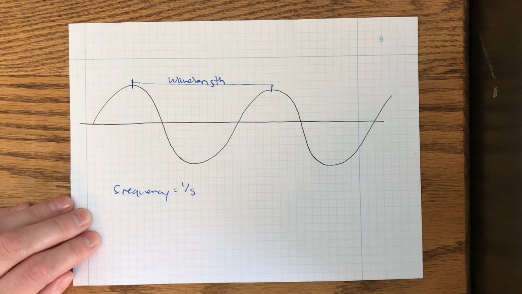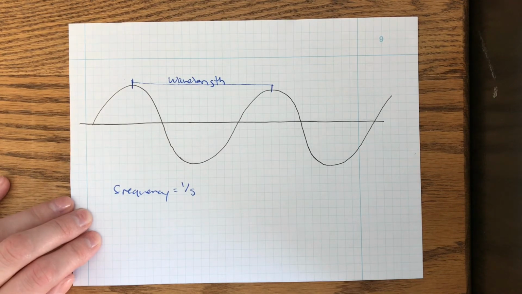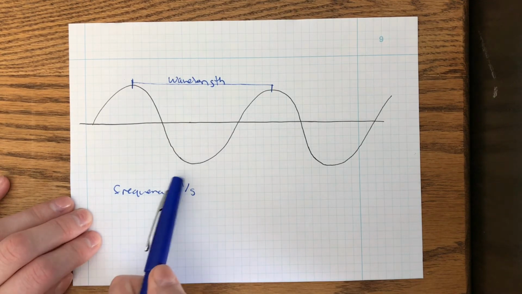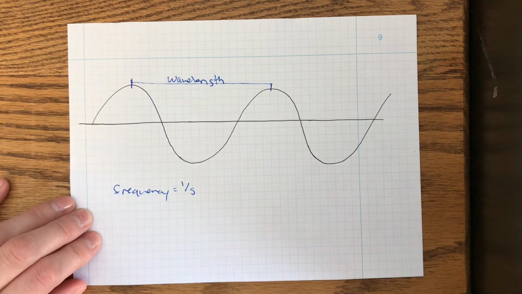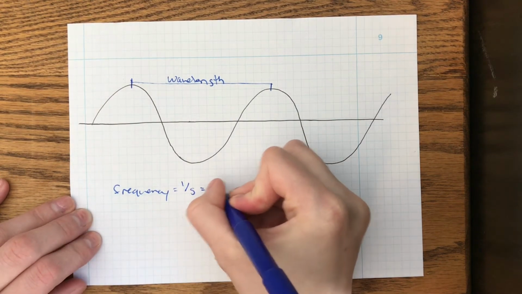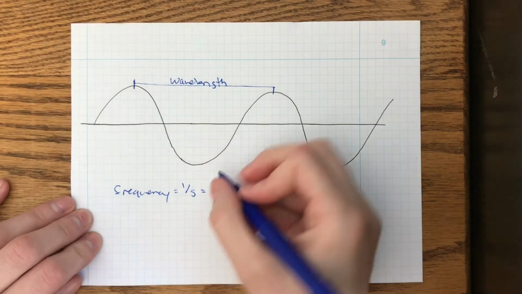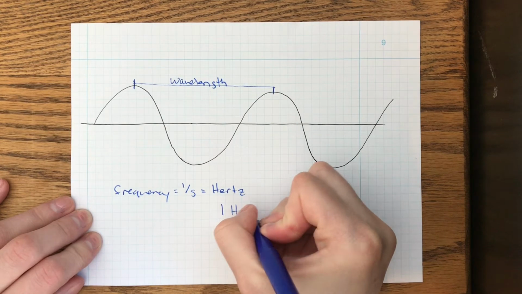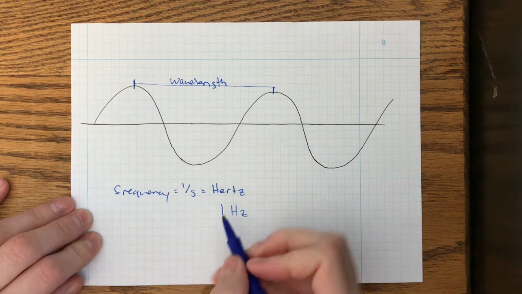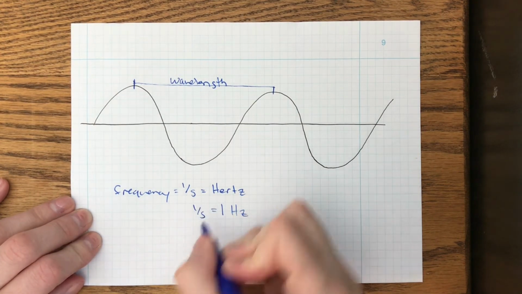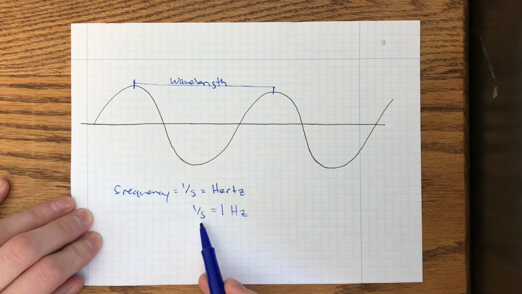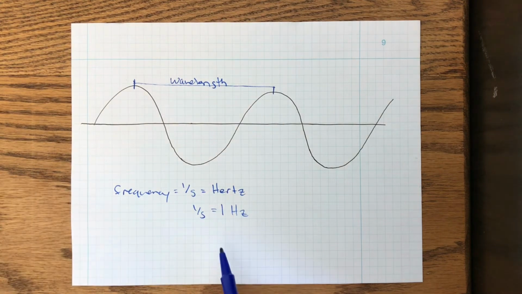You could use the unit 1 per second, but we're going to use a more specific unit for this very specific purpose. The unit we're going to measure it in is hertz. 1 hertz, that's the way we abbreviate it, is equal to 1 per second. So how many cycles per second is how many hertz? 1 cycle per second is 1 hertz.